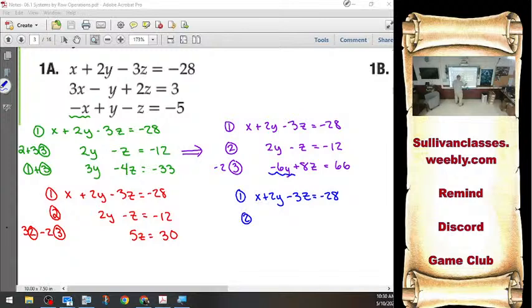I haven't touched equation 2. 2y minus z is negative 12. But now I'm going to say 3 times equation 2 plus equation 3. 3 of these and add it. Bye-bye. 3 of these and add it. 5z. 3 of these and add it. 30.